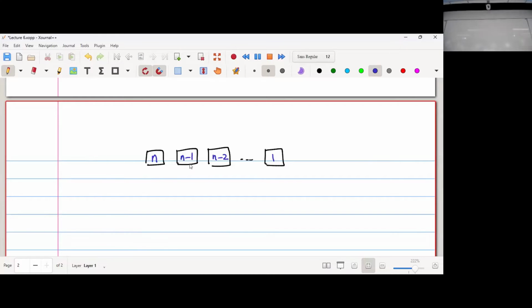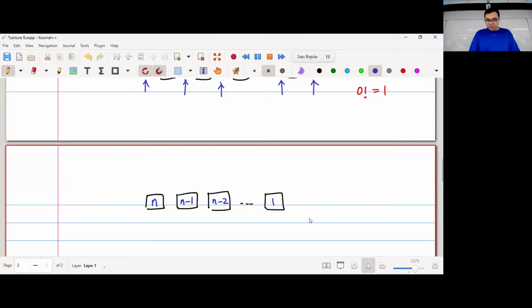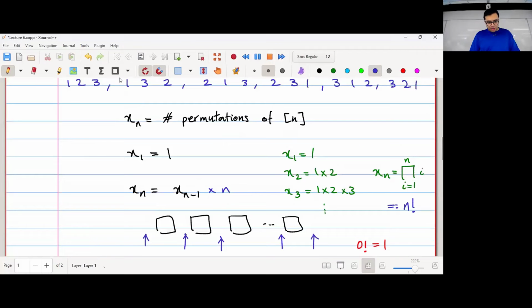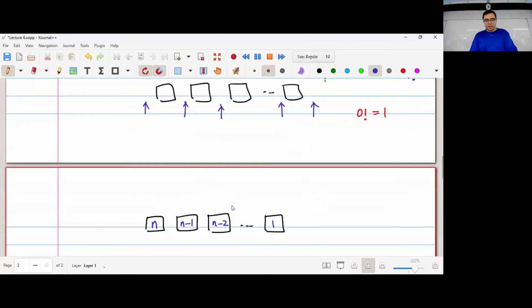So actually, the choices that I have here are dependent on what choice I made at the beginning, but the number is independent. And because the number of choices is independent, I can use the multiplication principle. I can say, I have n times n minus 1 times n minus 2, so on, which is just n factorial different ways.